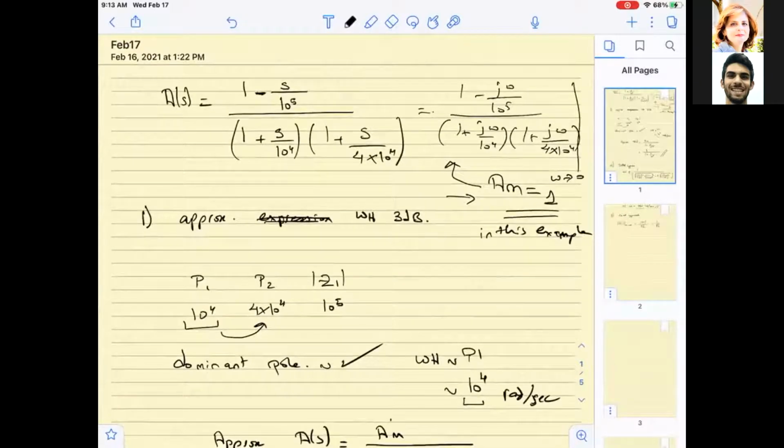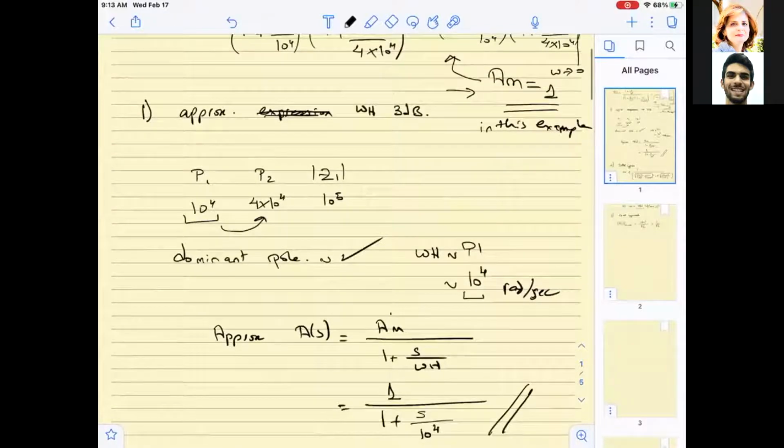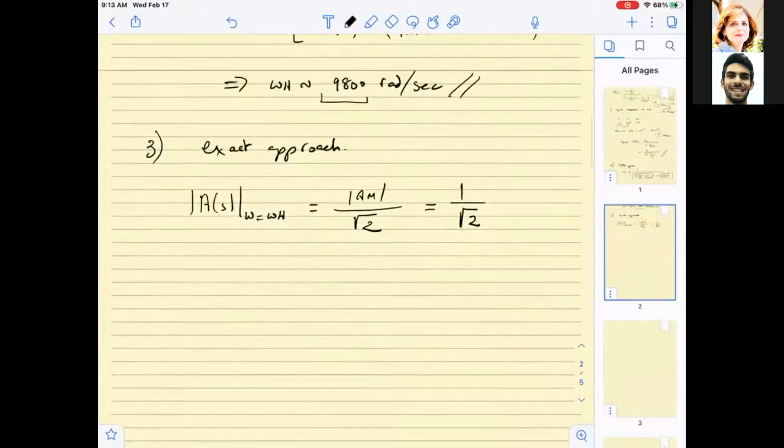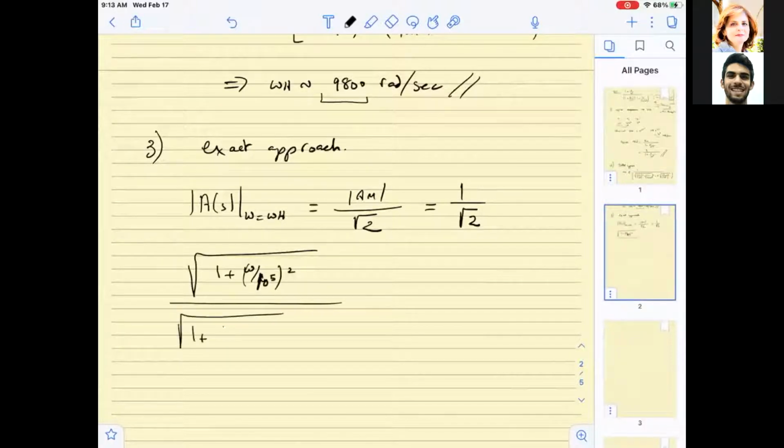I take the square root of each magnitude of each complex number, the numerator with denominator, and I take the ratios. So this means that I want to have the square root of 1 plus omega over 10 to the 5 all squared over the square root of 1 plus omega over 10 to the 4 all squared times the square root of 1 plus omega over 4 times 10 to the 4 all squared.